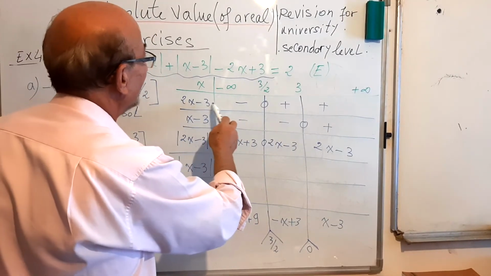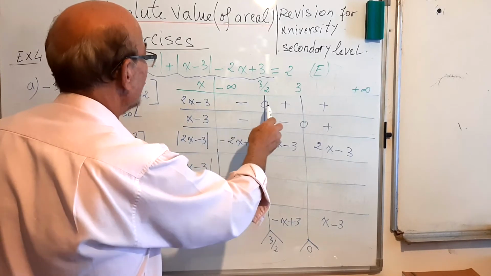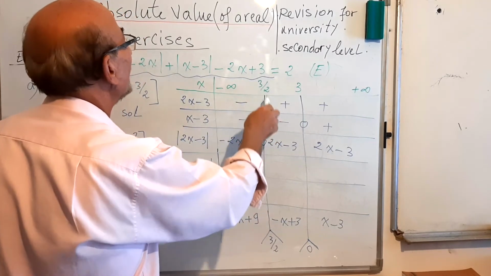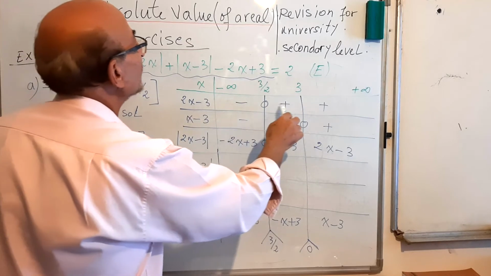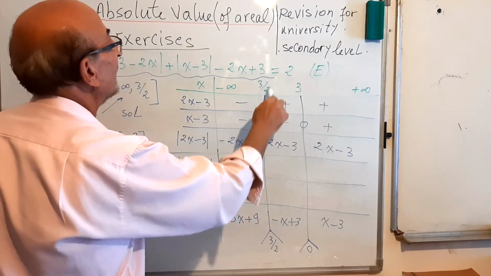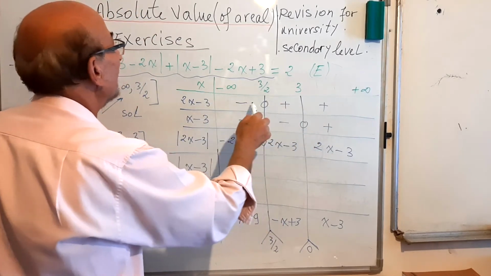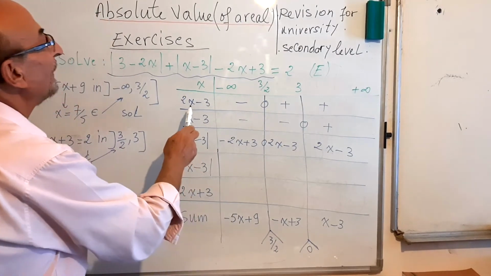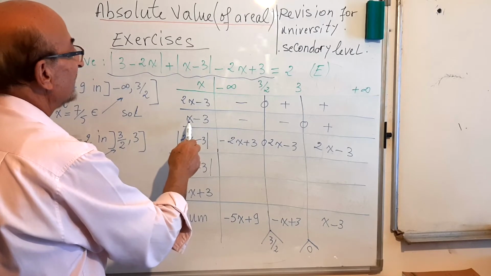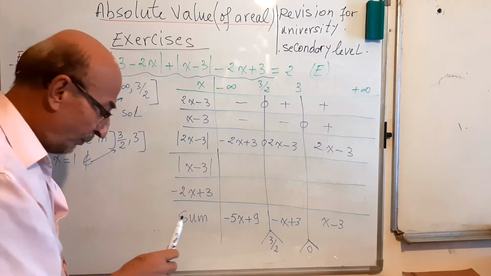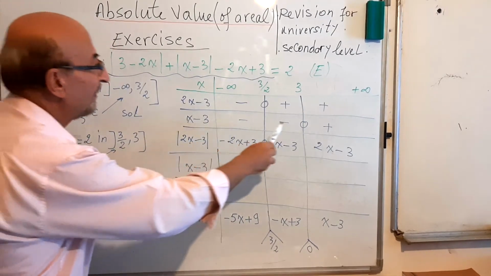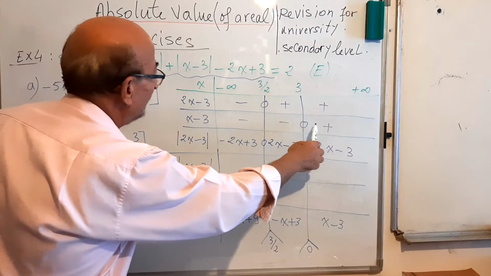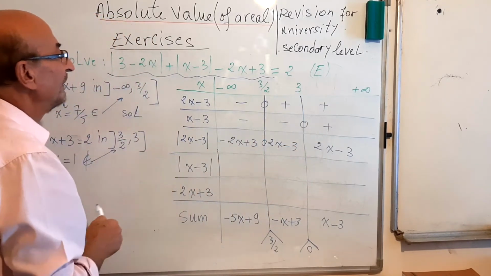we have 2x minus 3 equals 0 for x equal 3 over 2, positive for x greater than the root, negative for x less than. Similarly for x minus 3, equals 0, positive, negative.